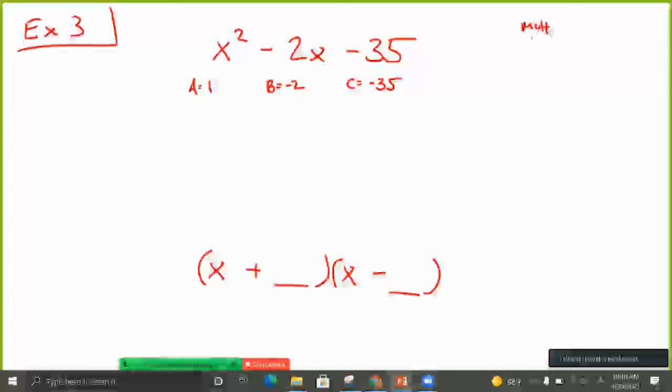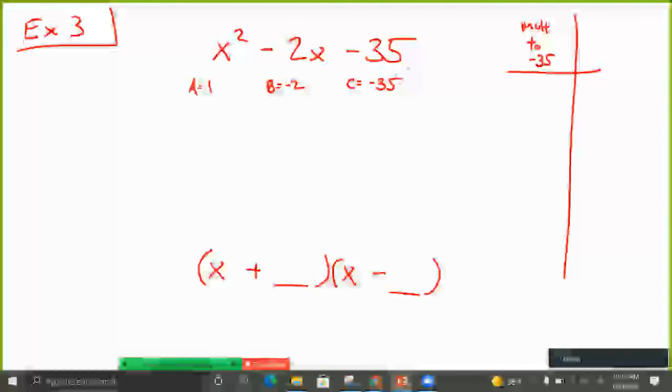Start by making your list. What numbers multiply to make negative 35? Multiplies to negative 35, and then adds to negative 2. 1 times 35.